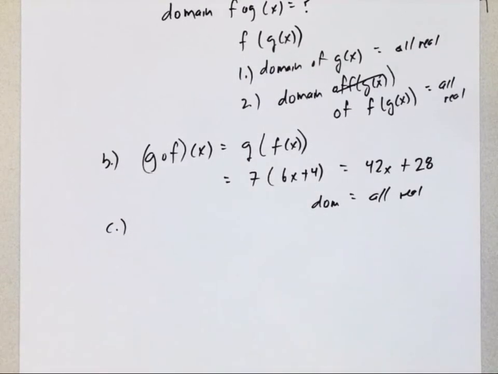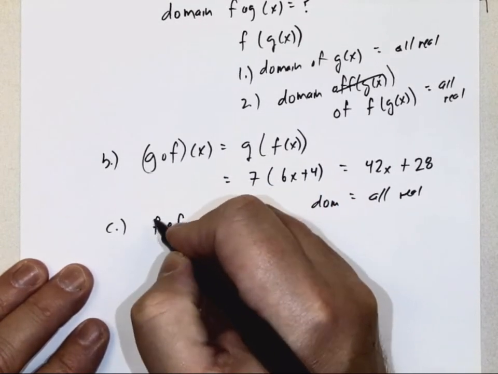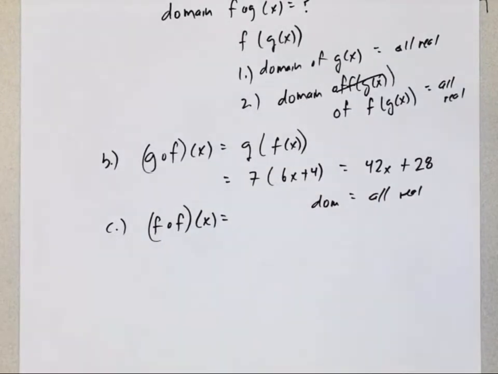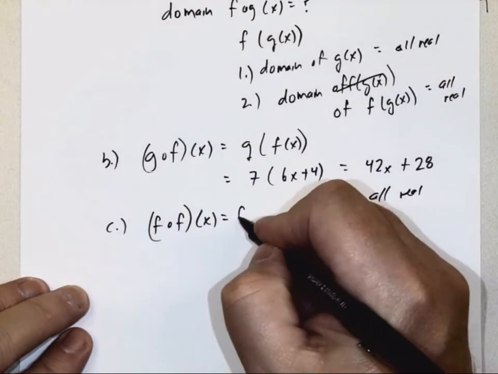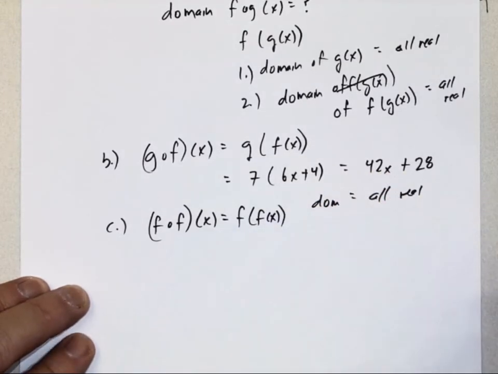See if we can get through these last couple quickly. C is f composite f. So once again, f of f of x.